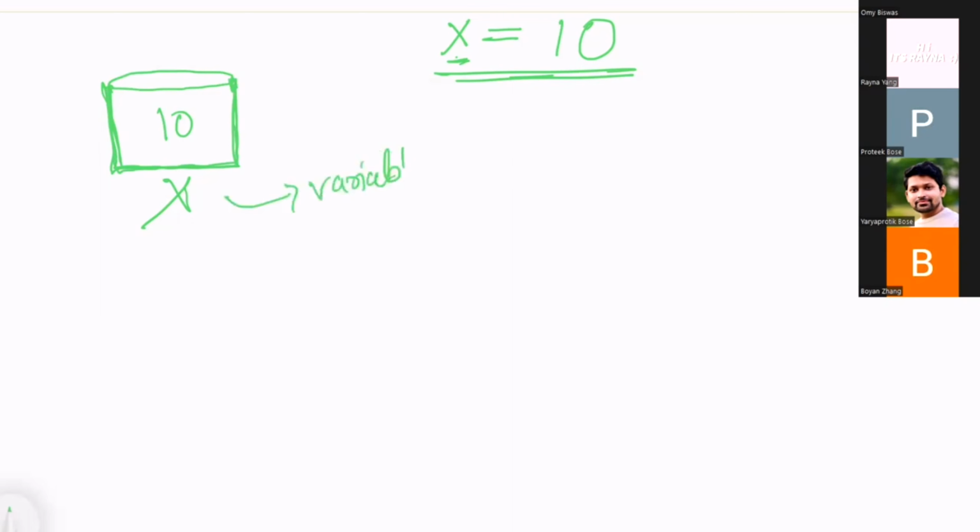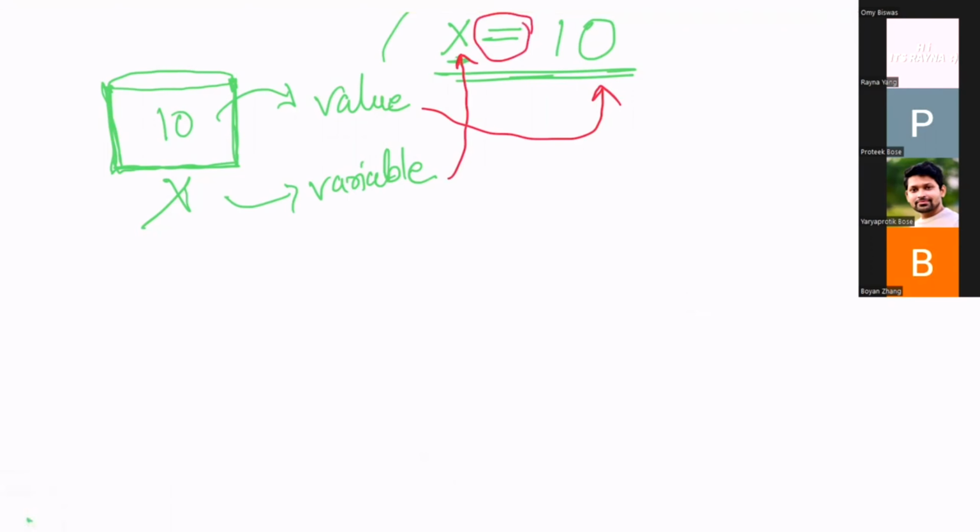The value is always written on the right side, and the variable on the left side of the equal sign. When you write x equal to 10, the value 10 is being assigned to x, going inside it and getting saved.